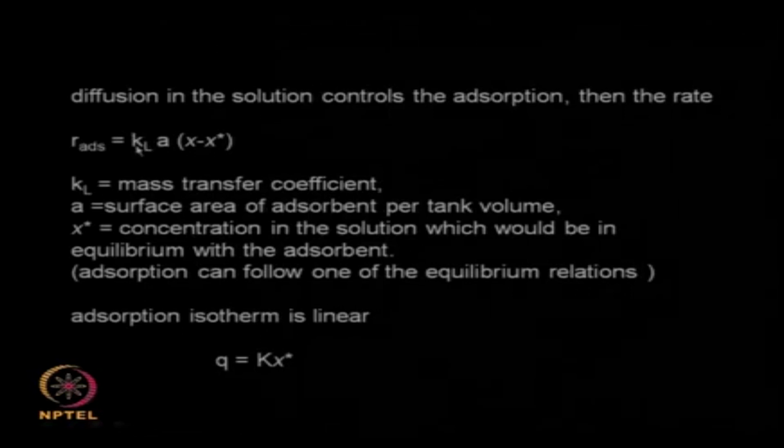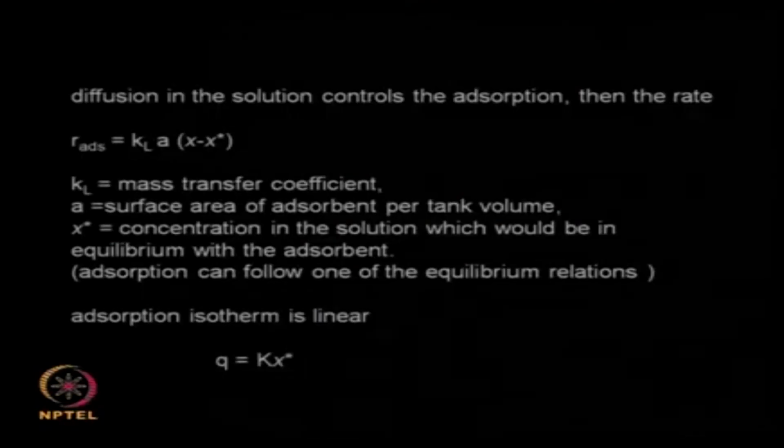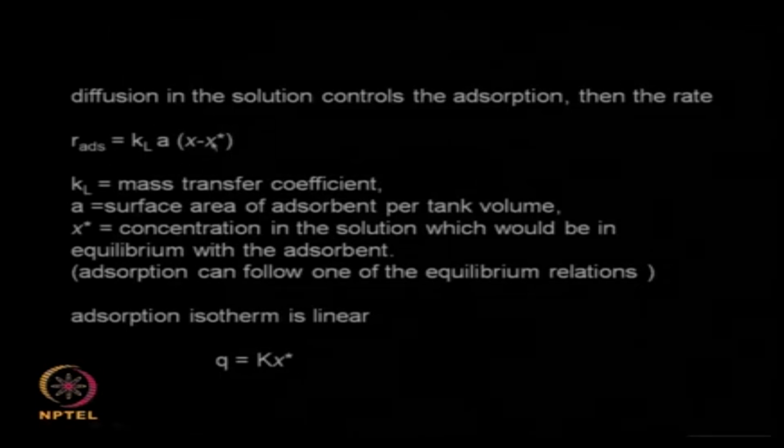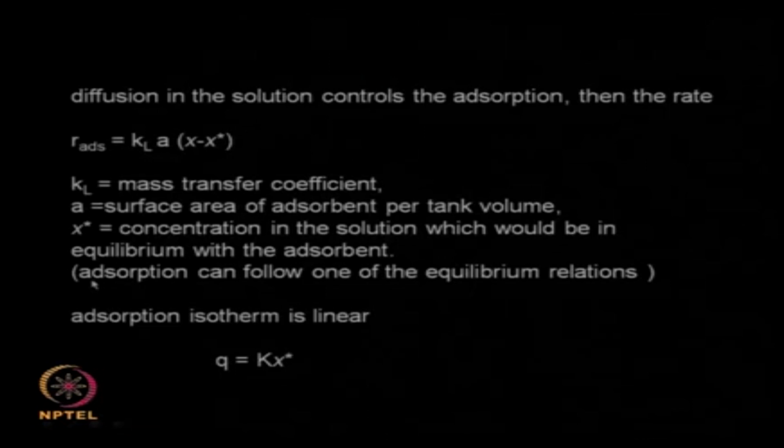KL is the mass transfer coefficient, we can calculate it by doing experiments, and there are many chemical engineering techniques available which can help you calculate KL. Okay. Now how do you calculate x star? X star is, as I said, the concentration of solute in the solution which would be in equilibrium with the adsorbent.